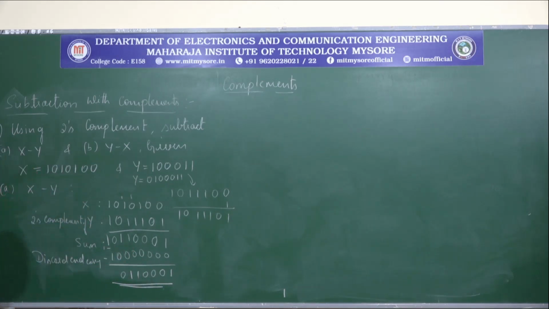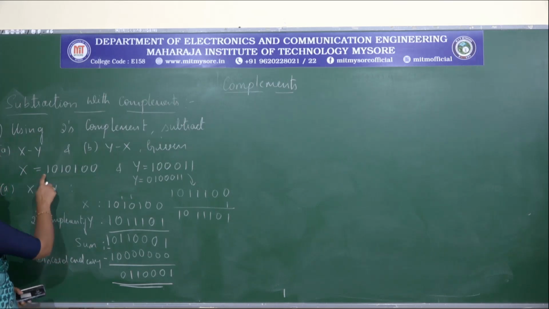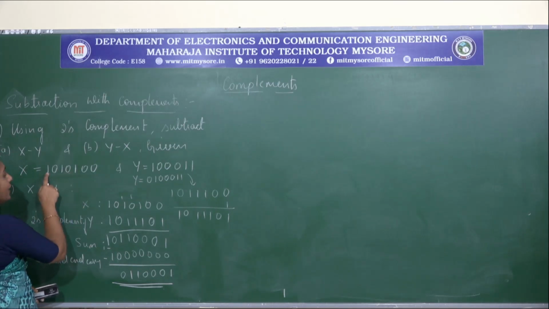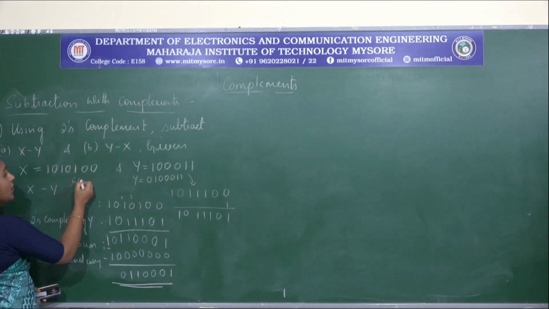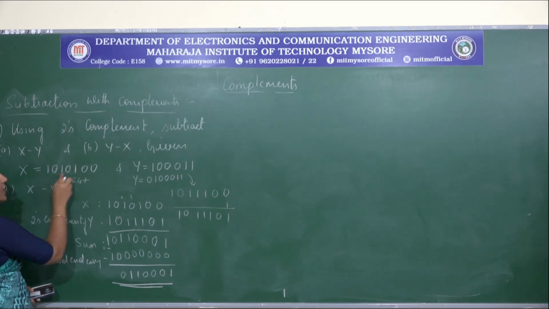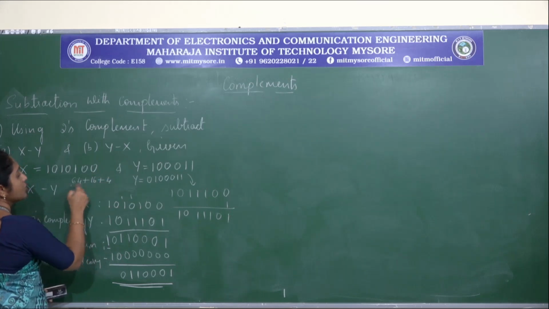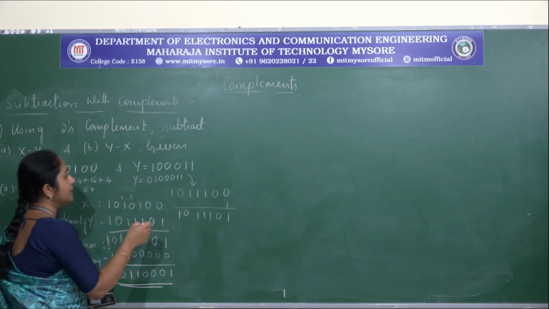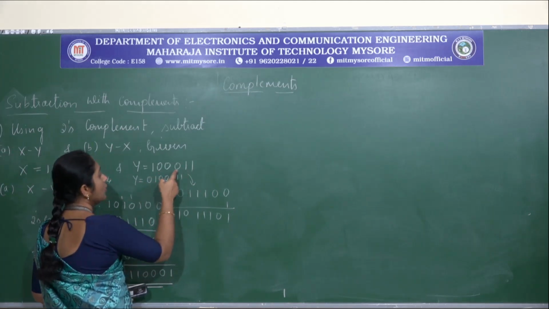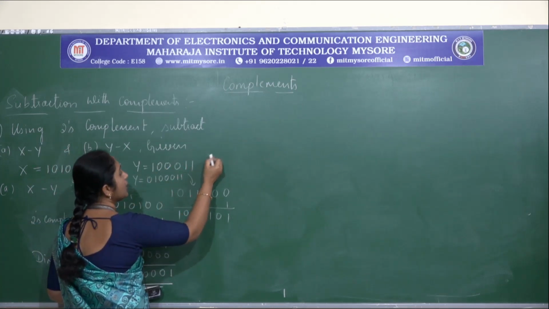If you want, you can cross check by converting these into decimal, because this is in binary. So we have 7 bits, 2 power 0 to 2 power 6. 2 power 6 is 64, 2 power 5 is not there, 16, 8 is not there, 4. So the sum is 84. On the other side, 2 power 5 is 32, 32 plus 3 is 35.